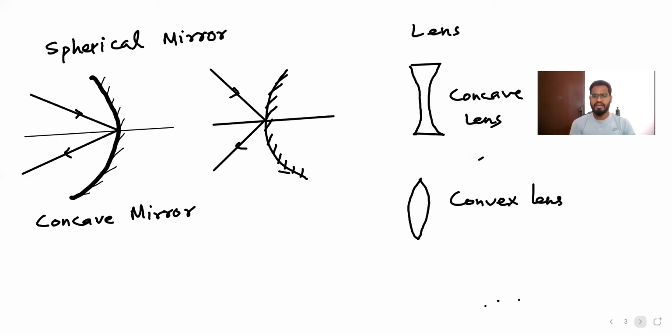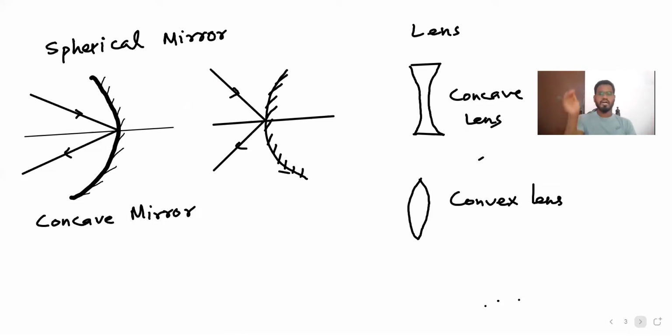If you see, guys, spherical mirrors are like, suppose a sphere is there. Spherical mirrors are of two types. We'll learn later how spherical mirrors are made, but here we are going to discuss that there are two types of spherical mirrors: one is concave and the other is convex, right?